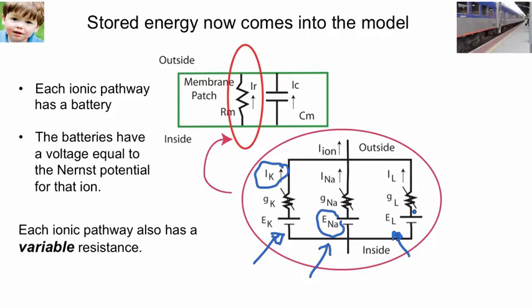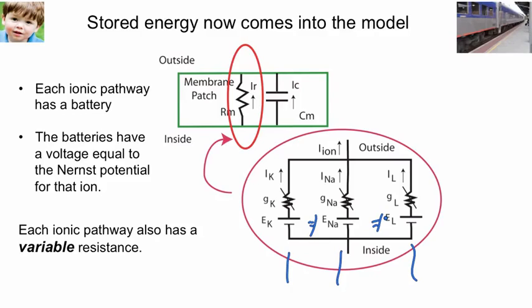That is to say, it may be so that the form of the path is similar. So this one, they all have the same elements, but the actual details of what's in there is quite different. So Ek is not equal to Ena, and that's not equal to El. These are 3 different numbers.